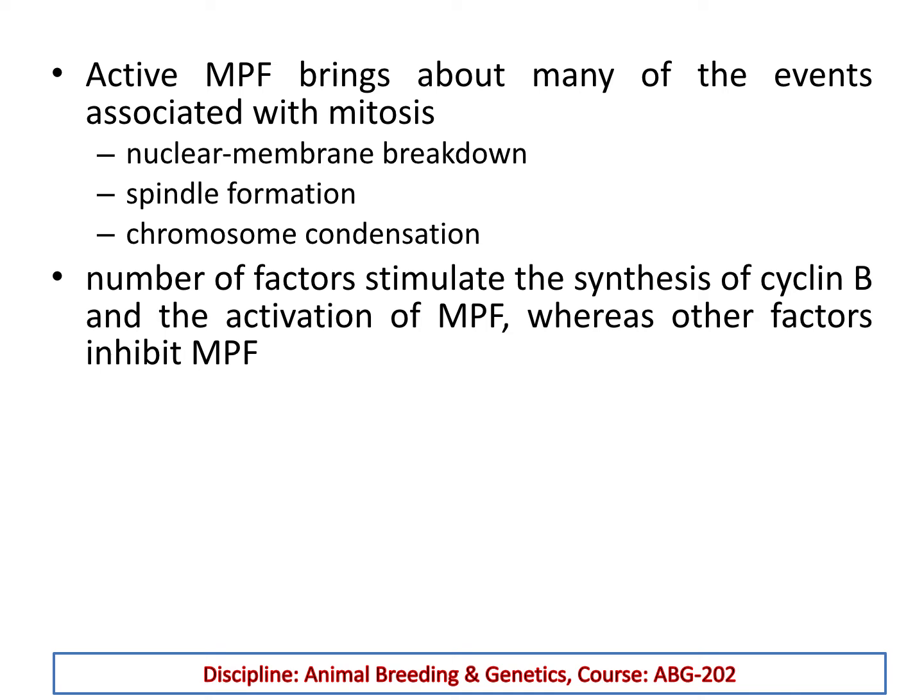A number of factors stimulate synthesis of cyclin B. This MPF will enhance the cyclin B level, and there are a number of other factors, one of them could be the duplication of the DNA, that result in the synthesis of cyclin B and activation of MPF.